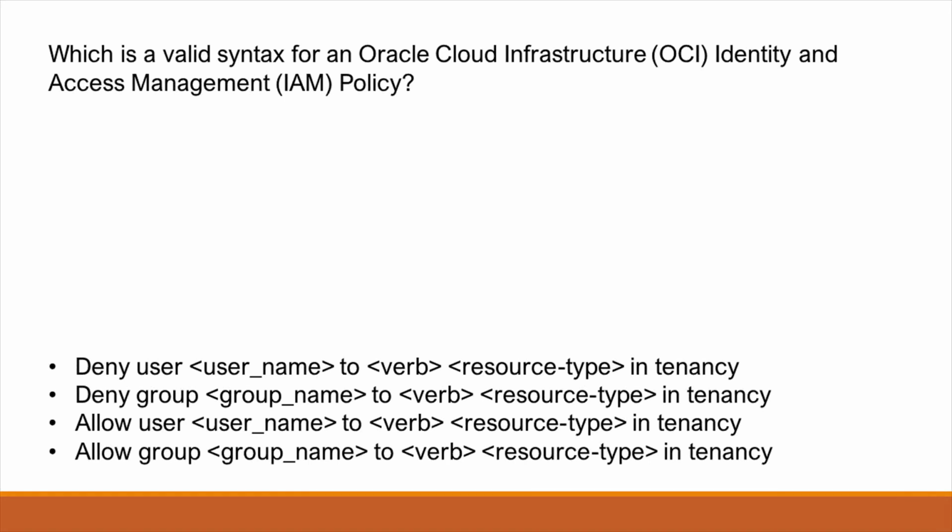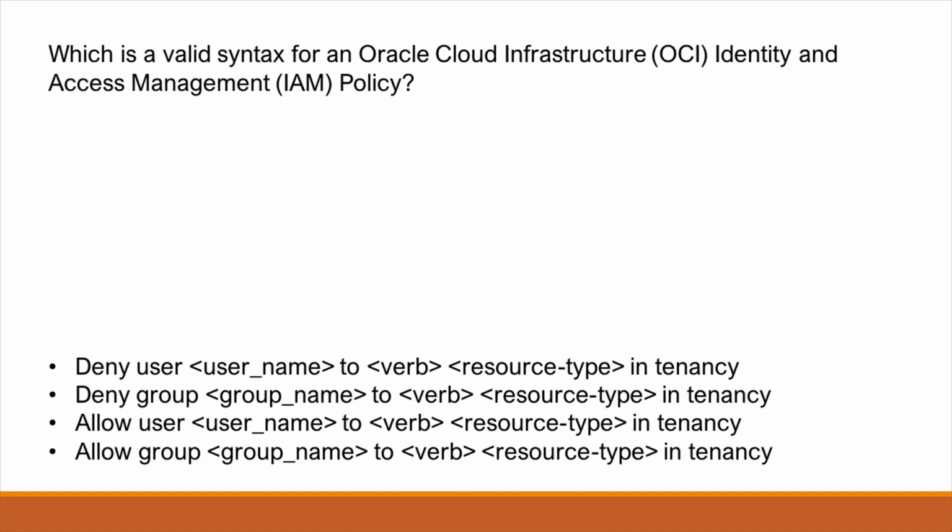Let's talk about this question: which is a valid syntax for an Oracle Cloud Infrastructure, OCI, Identity and Access Management, IAM, policy? Options we have for this question are: deny user_name to verb resource-type in tenancy. Deny group_name to verb resource-type in tenancy. Allow user_name to verb resource-type in tenancy.